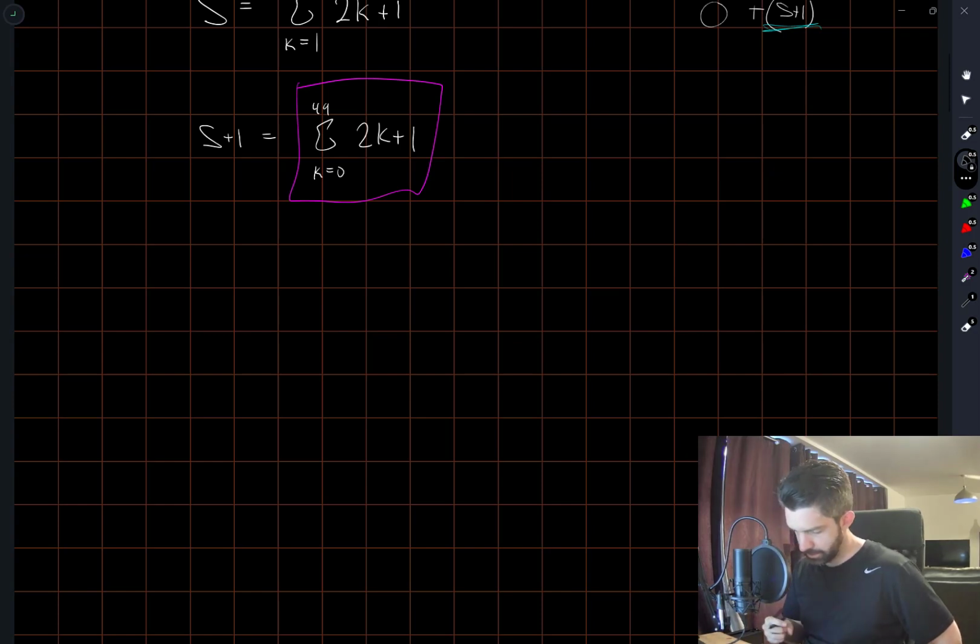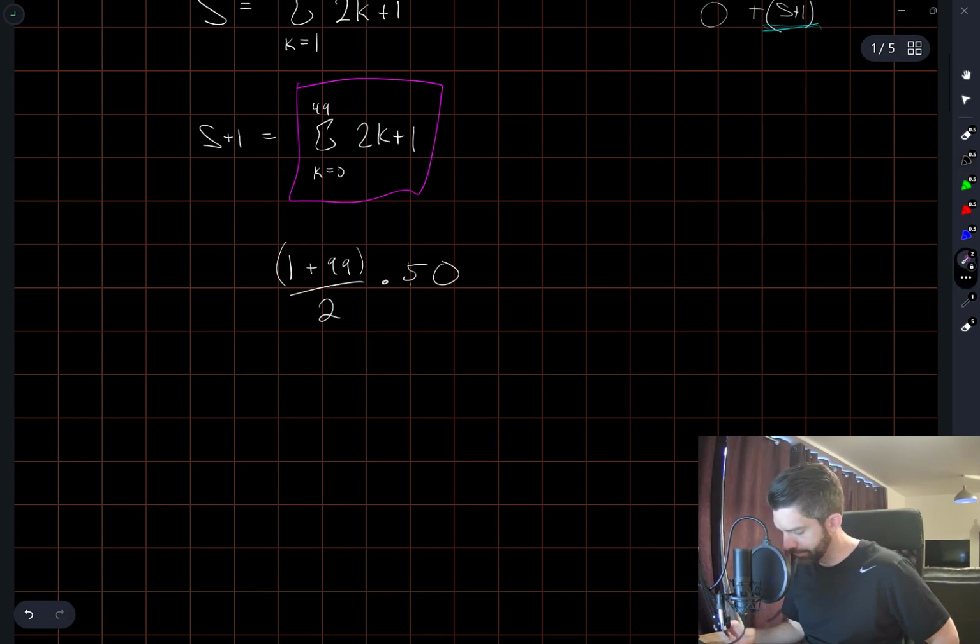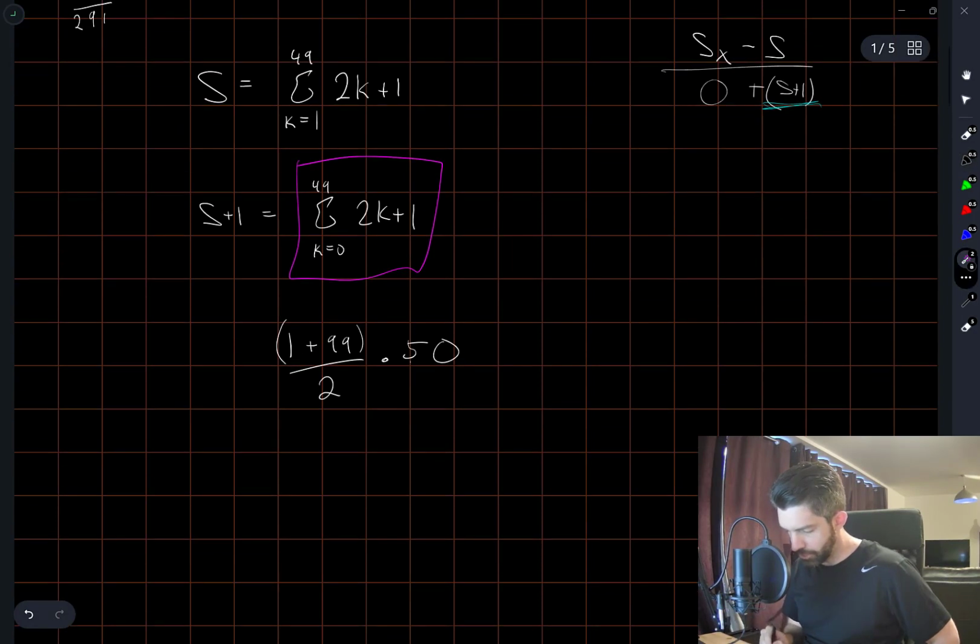The sum of the odd numbers from 1 to 99. The idea of how to compute this easily is we take the first number plus the last number and take their average and multiply by the number of terms we have. So there are 50 terms in this sum.